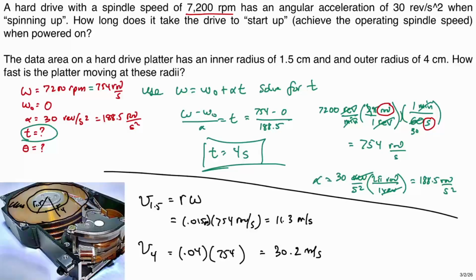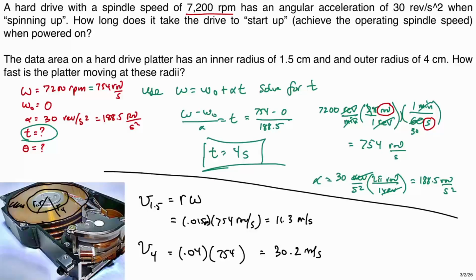Fastest hard drive speeds ever recorded in the lab was, I think, a 54,000 RPM drive. The problem is that if you get too fast, the platters break themselves. They shatter under the speed.